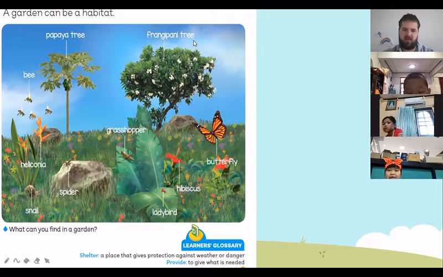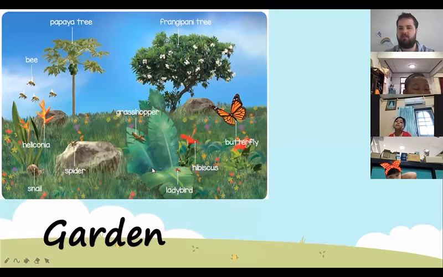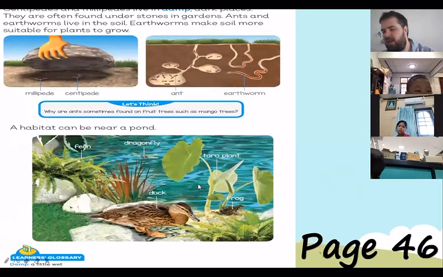Oh, plant names are hard. Okay. So, one more time, what habitat is this? This is our garden. Very good. Next, we're going to go to page 46.